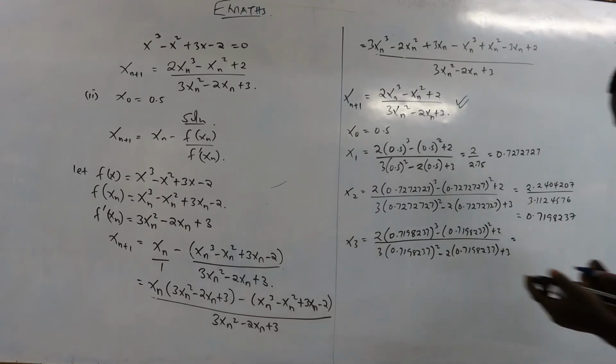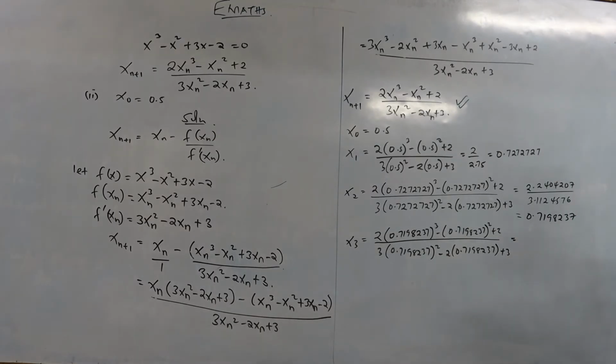So you can have your value. So you have again 2 into bracket 0.7198237 into bracket cubed, then minus into bracket 0.7198237 into bracket squared plus 2.